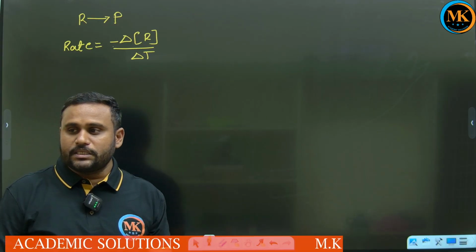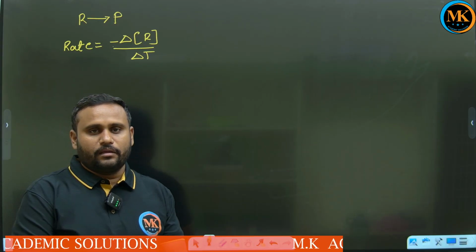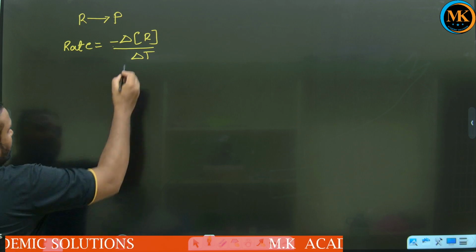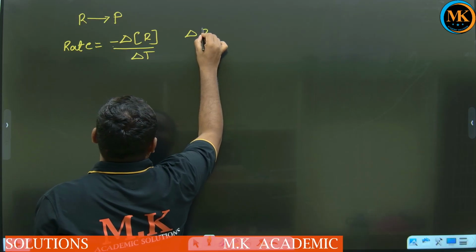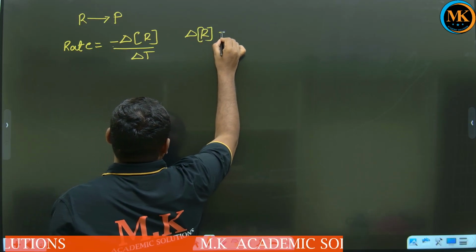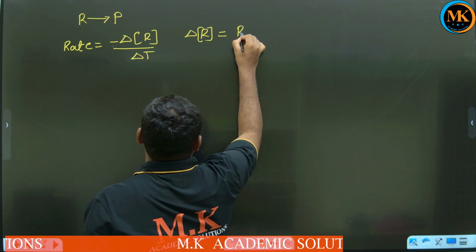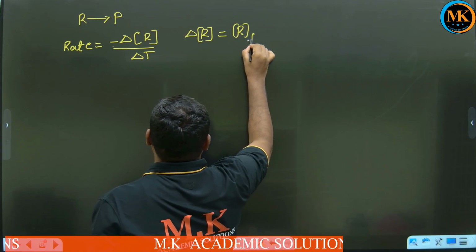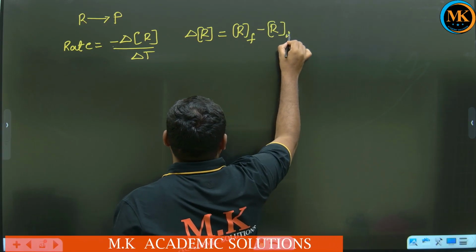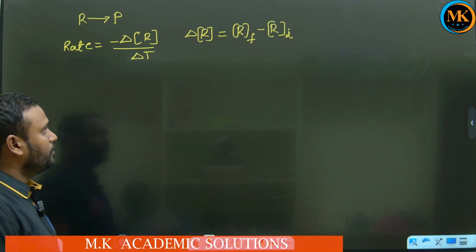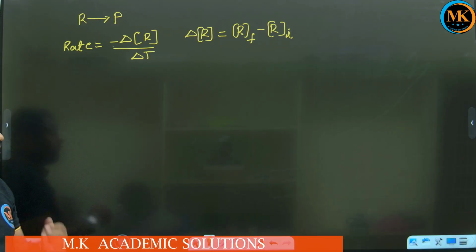What is the significance of the minus sign? What is the meaning of delta R? Delta R is the final concentration of reactant minus the initial concentration of reactant.